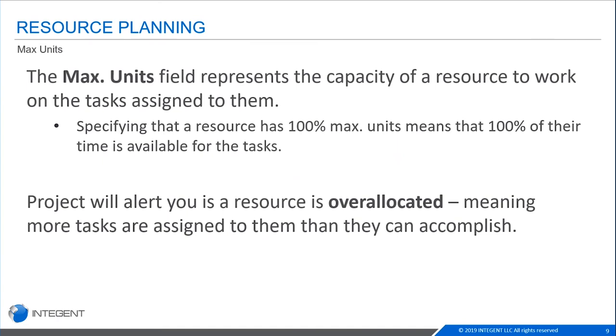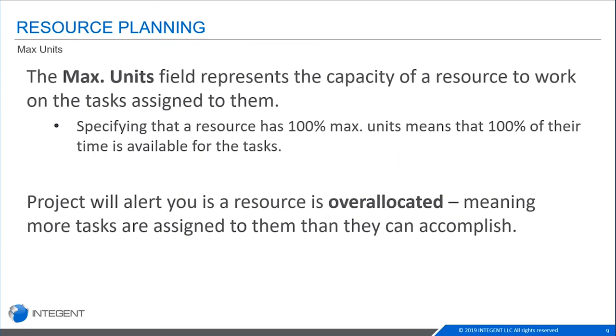But a lot of times that is not how it works. There are operational activities and maintenance activities, and they may only be available 75%, a couple hours a day for work. Understanding the max units and keeping that updated appropriately for your resources is key to having the schedule reflect, as closely as possible, what reality will be.